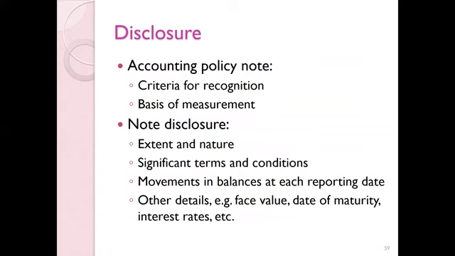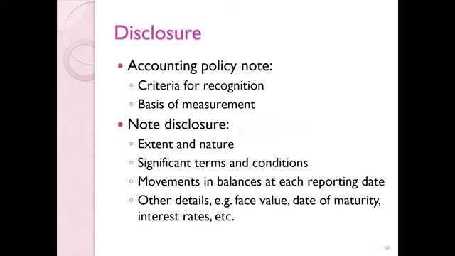In the accounting policy note, your criteria for recognition. So how have you recognized your financial asset and financial liability? What have you used as a determining basis, as well as your basis of measurement? So have you used amortized cost? Have you used fair value through profit or loss, etc.?